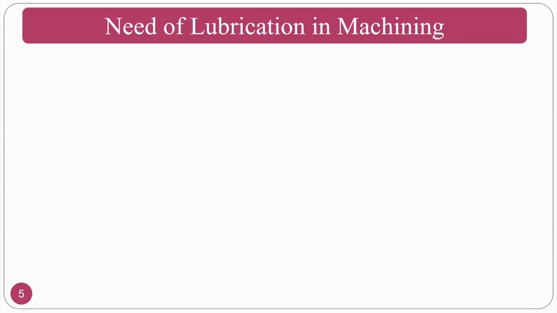So, the need for lubrication: heat generation by shearing, that is what I am talking about. Shearing, severe plastic deformation, is the major culprit which generates heat by conversion of mechanical energy into thermal energy.